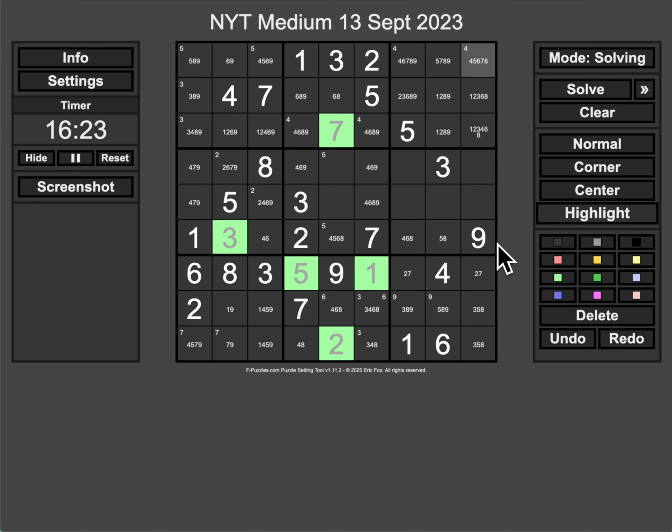Okay, is there anything else I can place now? I'm not seeing much. I don't have a lot of interaction over here. I do not like these offset pairs.